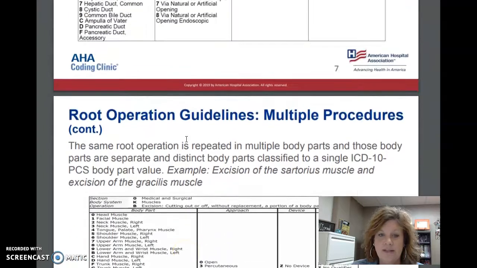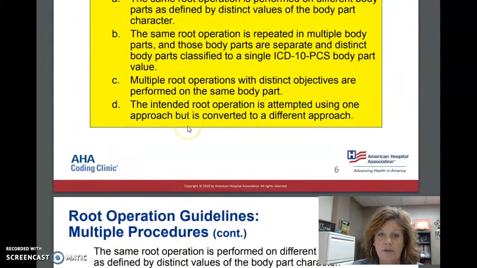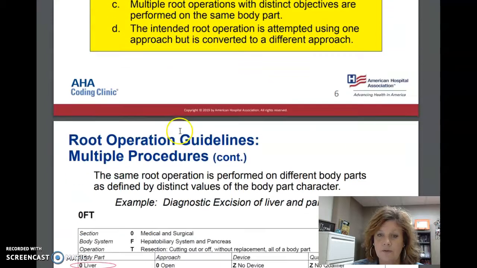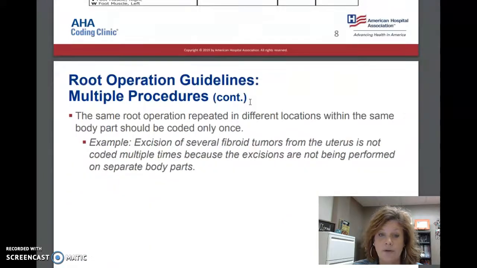So what they're telling you is the same root operation is performed on both, so you can, at this point, code them both. Root operation, multiple procedures continued. The same root operation is repeated in multiple body parts, and those parts are separate and distinct. So again, you can code them both.